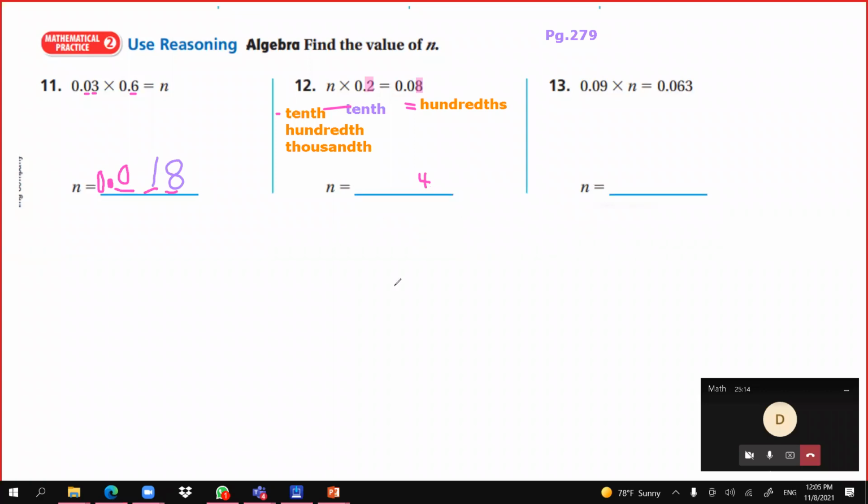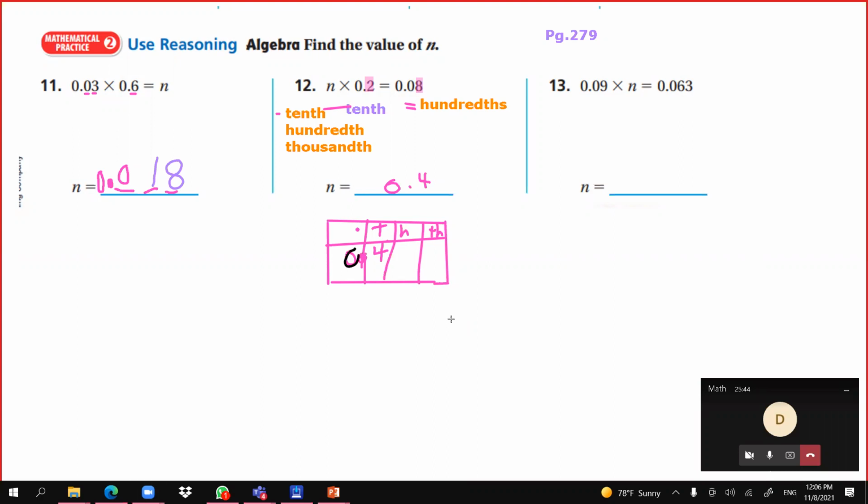So I will make a table now. Okay, and I will write here the decimal point, then tenths, hundredths, thousandths. So 4 is on the tenths place. So the number will be 0.4.